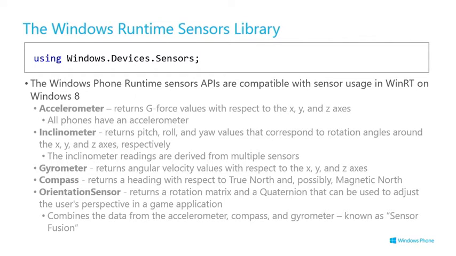That's the namespace, and there you can see all the classes we've got. The orientation sensor is an interesting one, because this is sometimes known as sensor fusion: it combines data from different physical sensors to give you accurate readings based on the combination of the other ones.